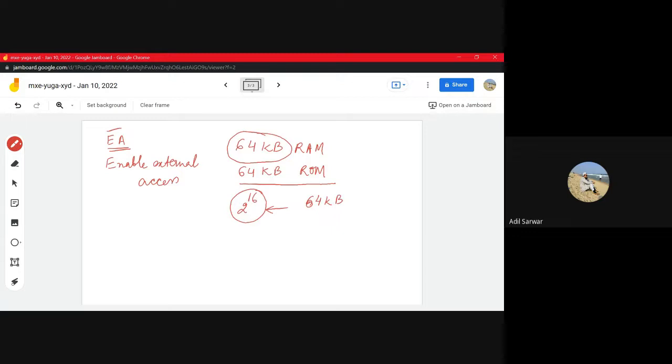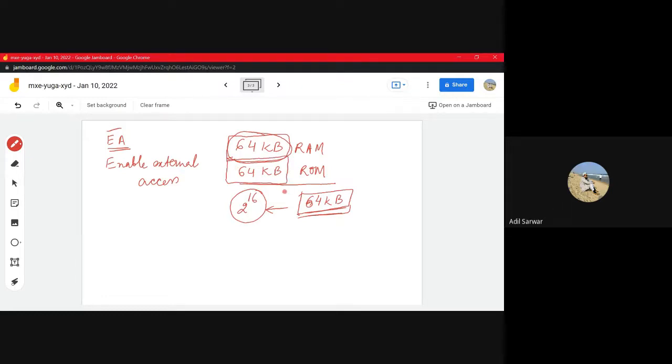Exactly speaking it is something like 65,000, but we refer to it as 64 KB, 64,000 bytes. So that means I can access 64 kilobytes of RAM and 64 kilobytes of ROM.